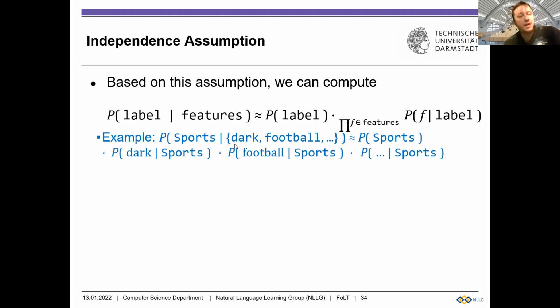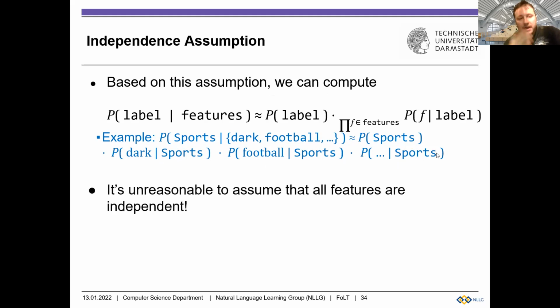So we identify that dark occurs in the document, football occurs in the document, etc. Want to estimate the probability that this document is about sports, we would multiply the prior probability that the document is about sports times the probability that, given that it's sports, we observe the word dark, given that it's sports, we observe the word football, etc.